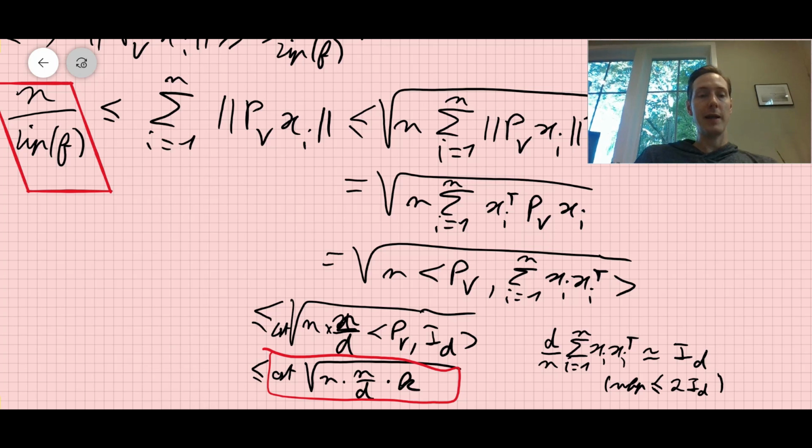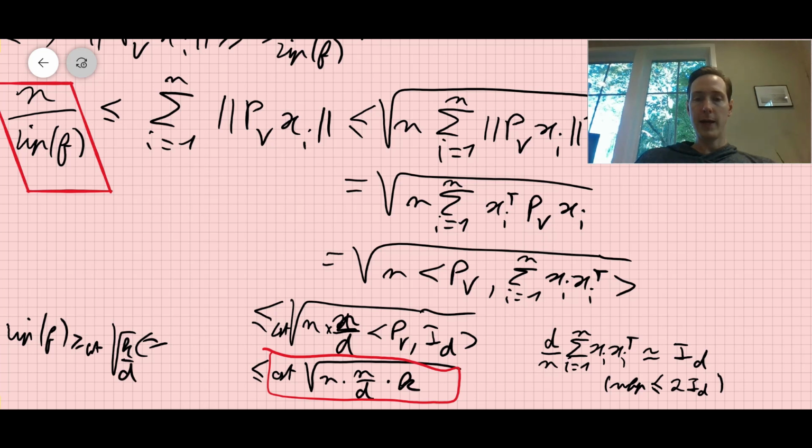So we exactly get that the Lipschitz constant of f is larger than some small constant times square root k over d. And I made a mistake, let me think. Square root d over k. Yeah, which is what we want. So you see, in the under complete regime, this gives you a proof.